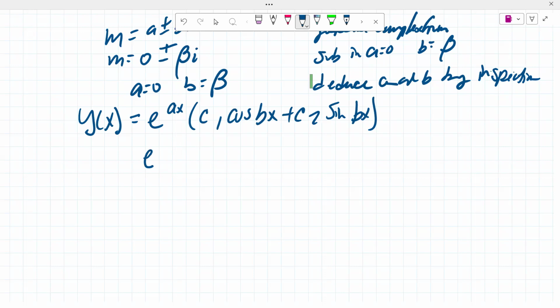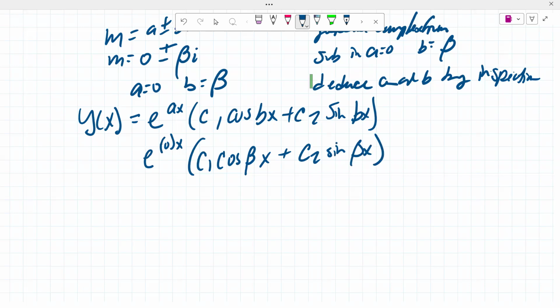Let's sub in: e to the 0 x times c1 cosine beta x plus c2 sine beta x. Okay, anything to the 0 power is 1. So that goes to 1. Equals c1 cosine beta x plus c2 sine beta x.